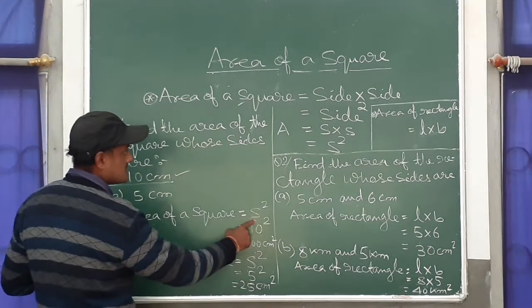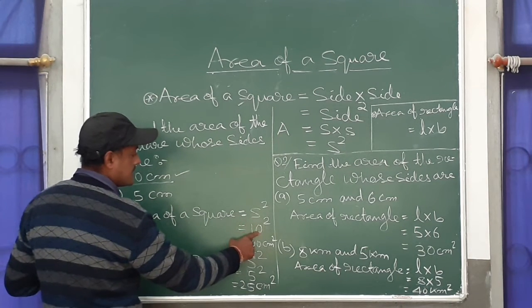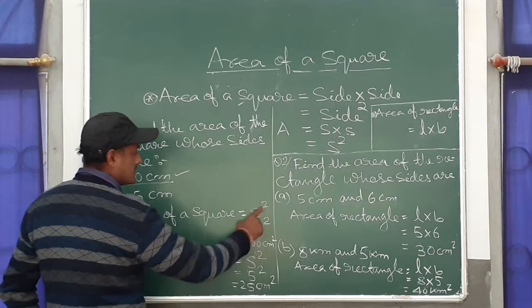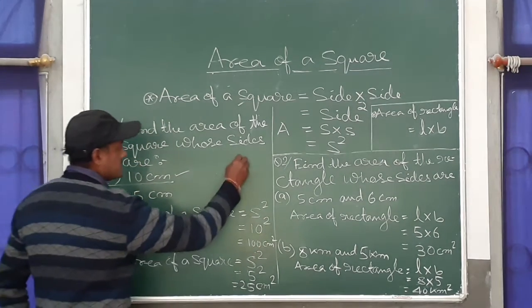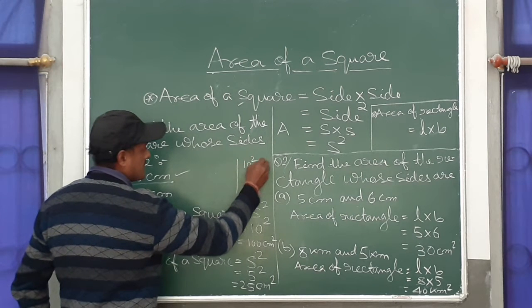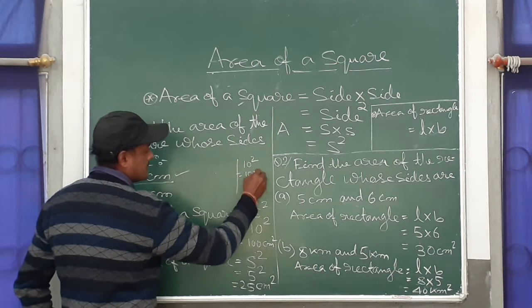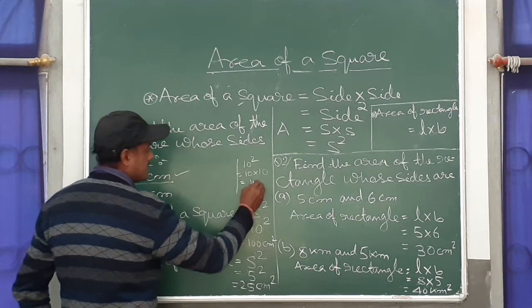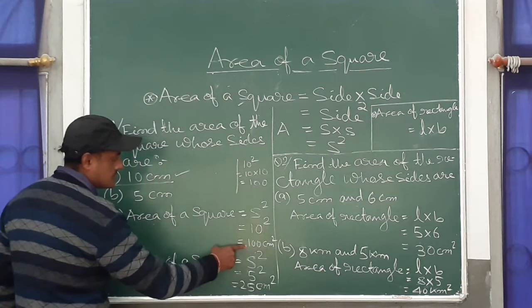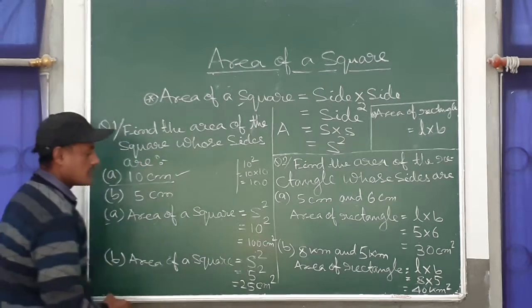So instead of side I will write 10, and square is there, so 10 square. In rough, 10 square means 10 into 10. When we multiply 10 into 10, it comes 100. So what I wrote here, 100 centimeter square.